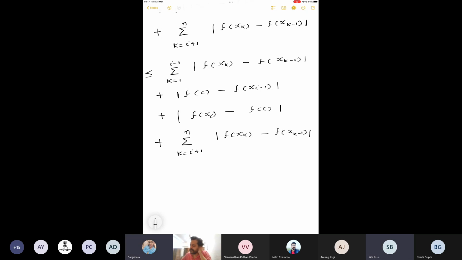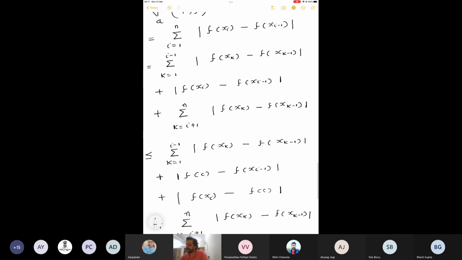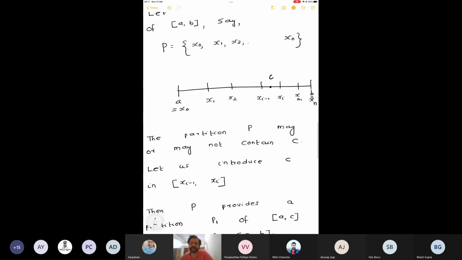Yes, sir. Now the first two terms, that is summation k equal to 1 to i minus 1 modulus of f of xk minus f of xk minus 1 plus modulus of f of c minus f of xi minus 1. Can you tell me what it is? Look at the picture. Partition of AC. It's not partition, it is the variation, right? Yes, sir.